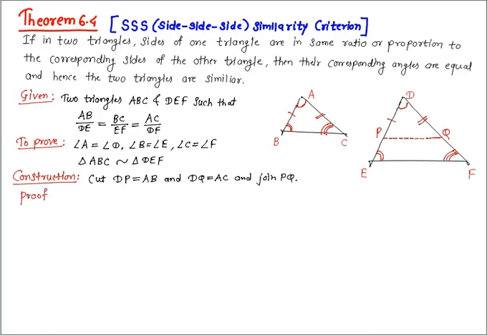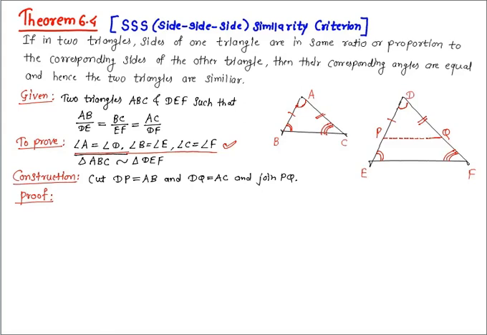Start the proof here. Here we need to prove corresponding angles, right? So angle A is equal to angle D, angle B is equal to angle E, and angle C is equal to angle F. For this to prove, we will first prove triangle ABC and triangle DPQ are congruent. By construction, we know that DP is equal to AB and DQ is equal to AC.